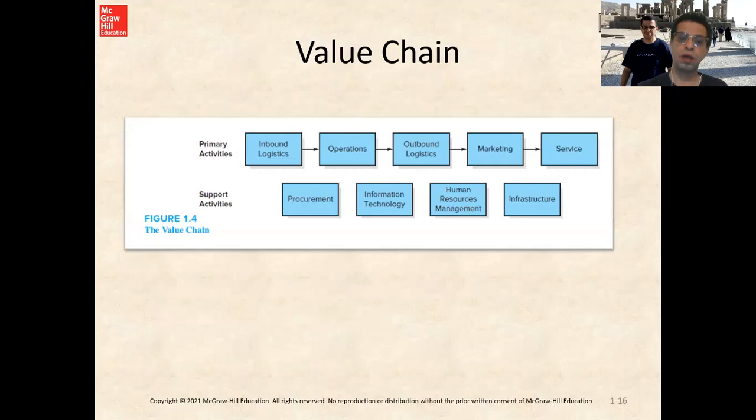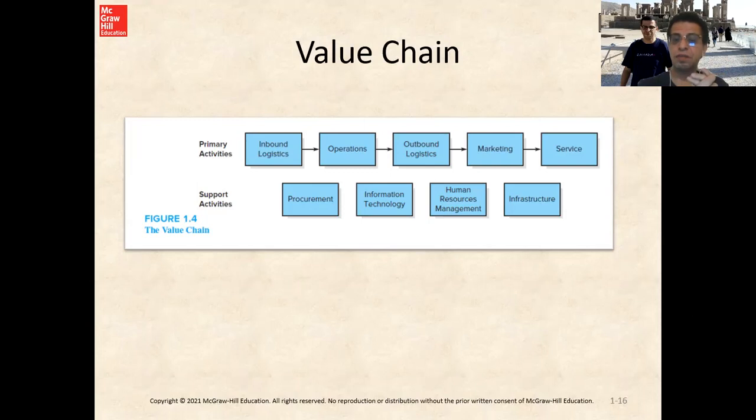Now, AIS is involved in two things, in the primary activities and support activities. You're in a business, there are primary activities generating income, and support activities helping you to run the business. The primary activities could be inbound logistics, things coming in, operations, outbound logistics, marketing, and service.